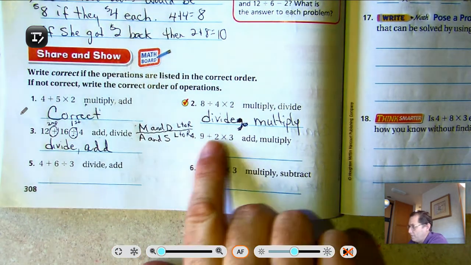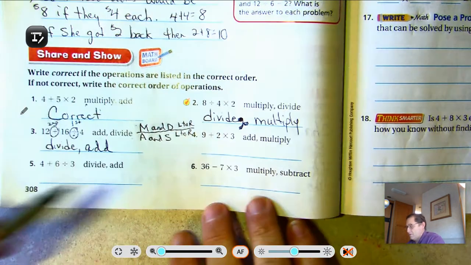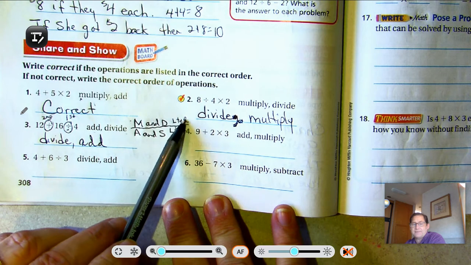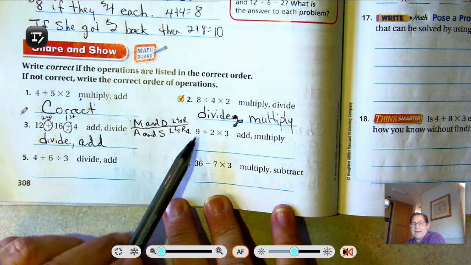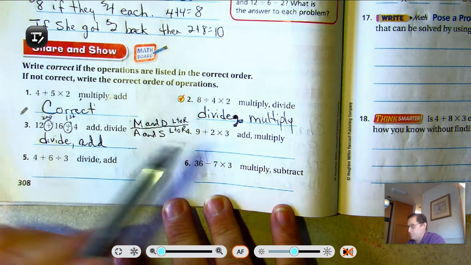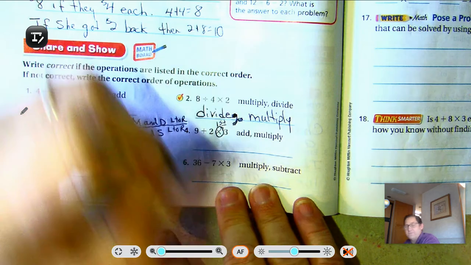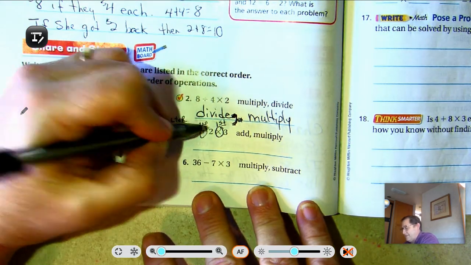Okay, number 4, I see addition and multiplication. All right, again, multiplication and division left to right first, then any addition and subtraction. So I can't add first. I have to multiply first. So this multiplication should be first, addition second.